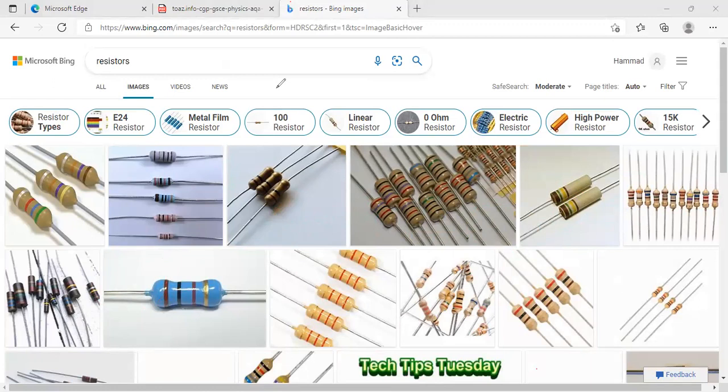Resistance is that property which we cannot see and cannot touch, but it is the property which is offered by the resistor to the circuit, and due to this property the current flowing through that circuit is decreased. Now you got my point of what is the difference between resistor and resistance.